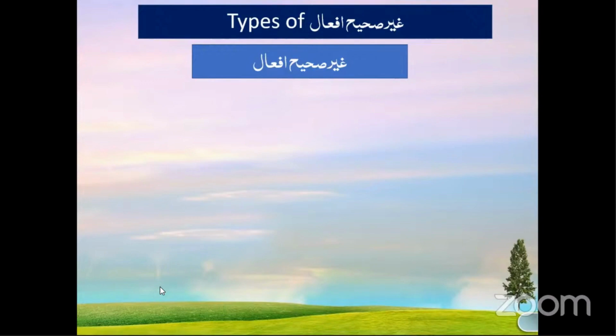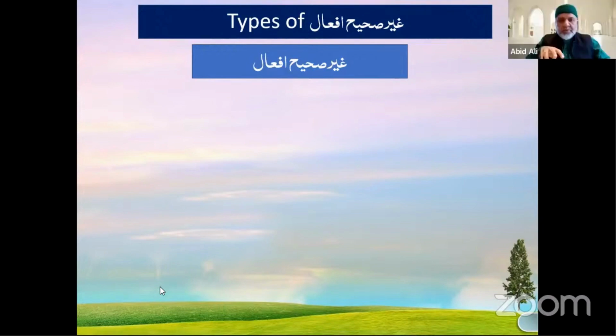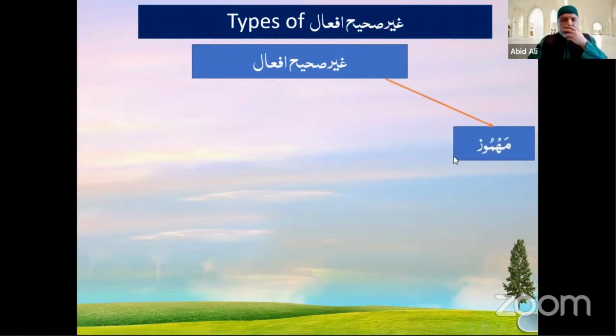Sound, and do we remember the sound and unsound difference? Yes. So the sound ones are the ones where there is an absence of hamza, repeated letters, and weak letters. So anything else which has those 3 things in the root letters will be unsound. So let's take a look at those. So we know that we have mahmuz.